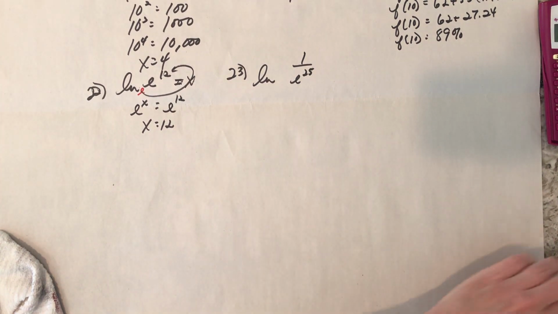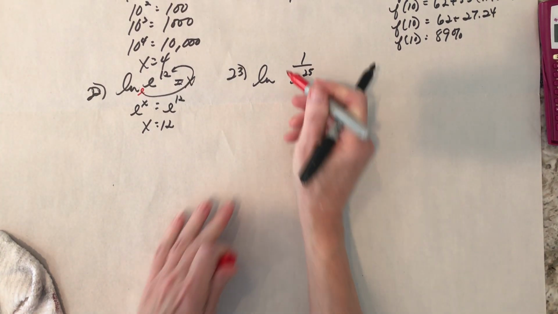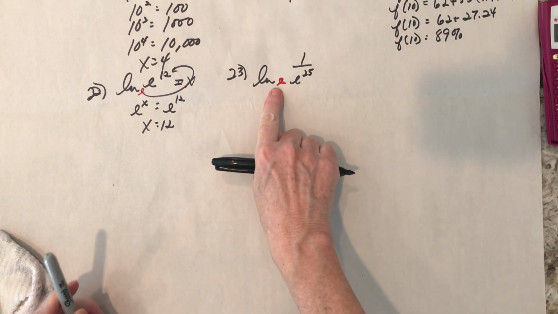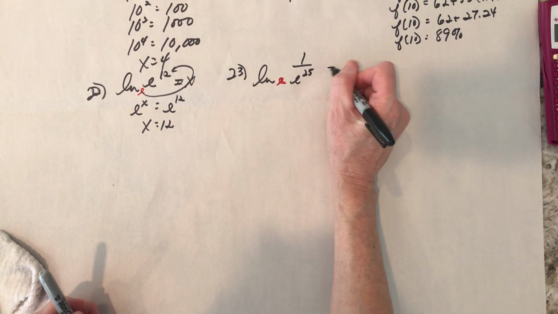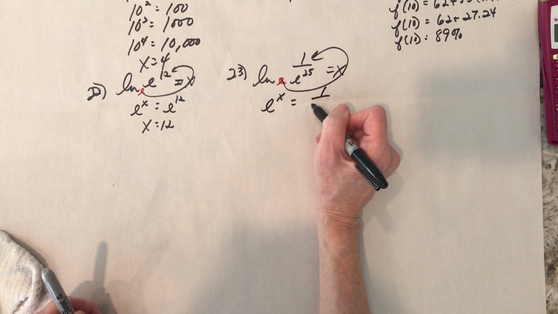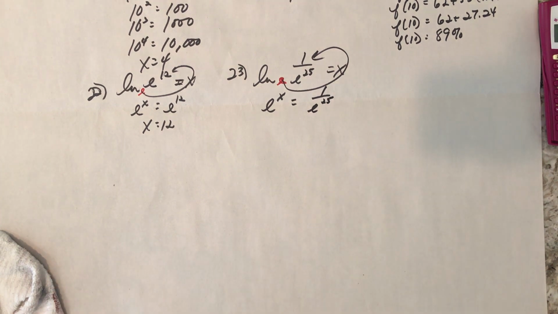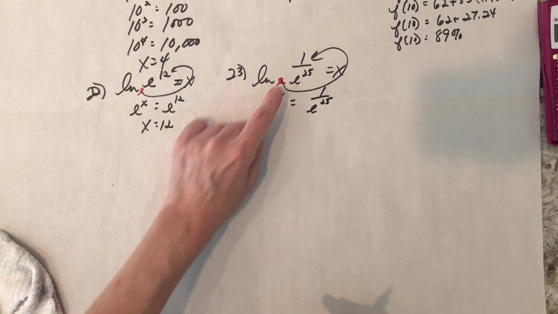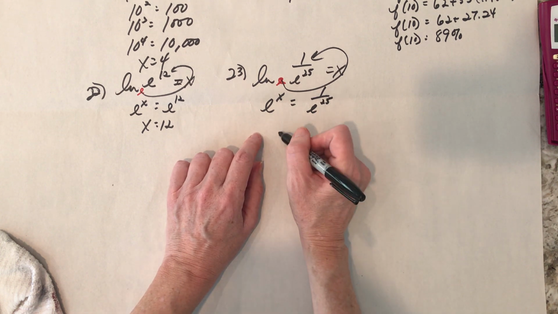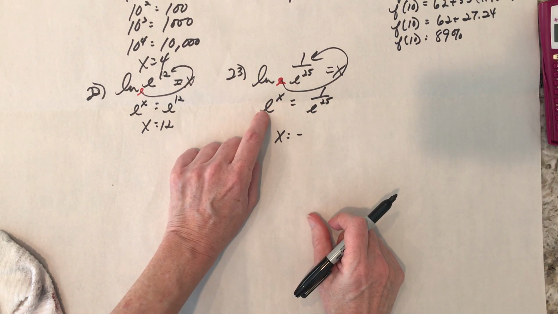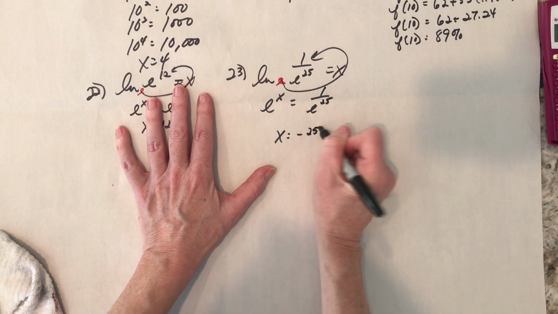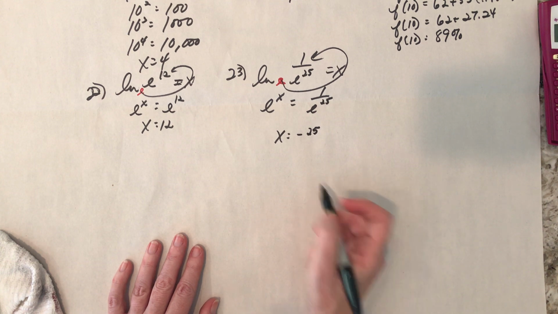We've got a natural log happening here, so we want to put an e there, because we understand that the base is an e. So e to the x equals 1 over e to the 25th power. We have got to raise this e to something to make it look like this. So you know the x is going to have a negative on it. That's how e is going to get to the denominator. And then it'll just have to be a 25. So x equals negative 25.